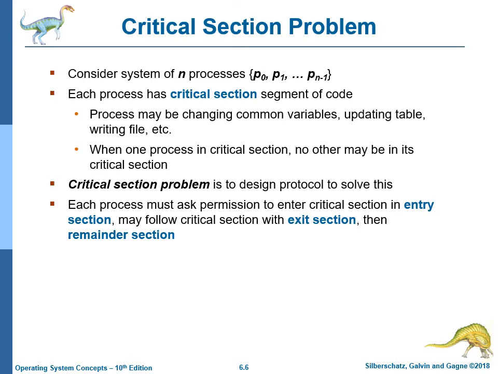Each process must request permission to enter its critical section. So untuk mengingatkan ini, apa kita buat? Setiap proses yang nakkan buat critical section, dia kena minta permission in order to enter, masuk ke dalam critical section tadi.